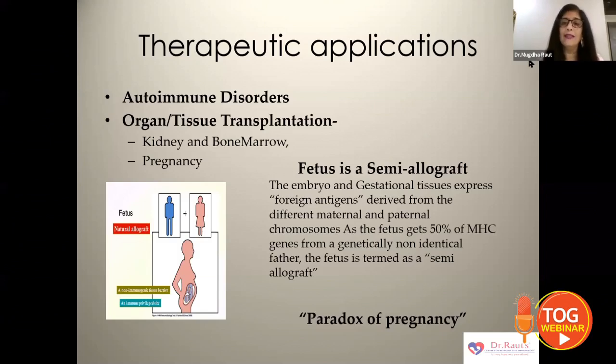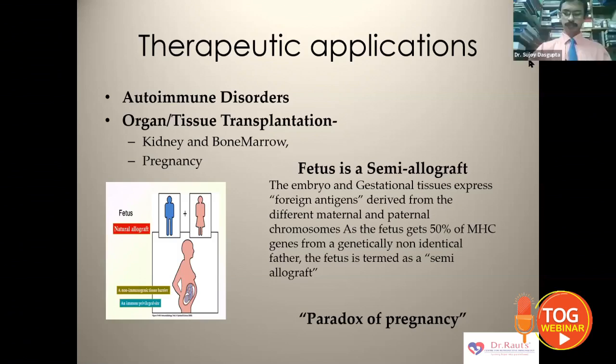The embryo and the gestational tissues express foreign antigens, which are derived from different maternal and paternal chromosomes. As the fetus gets 50% of the MHC genes from a genetically non-identical father, the fetus is termed a semi-allograft. And surprisingly, in 90% of the cases, this semi-allograft is accepted by the body without causing any problem. This is known as the paradox of pregnancy.